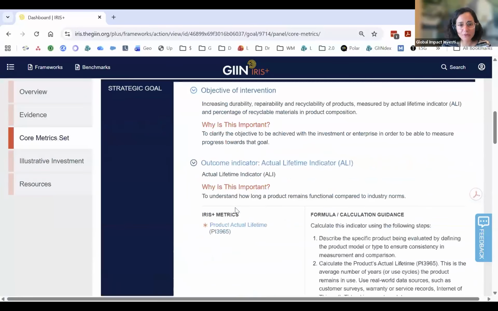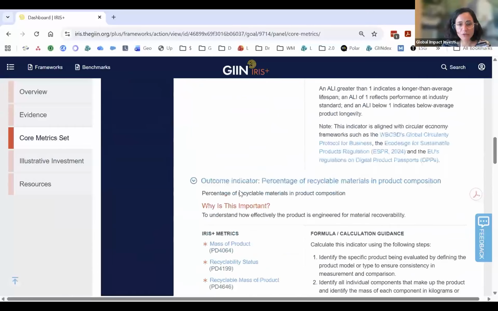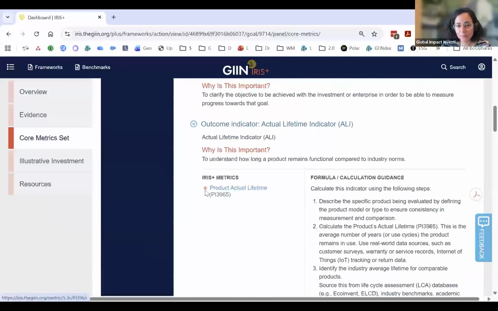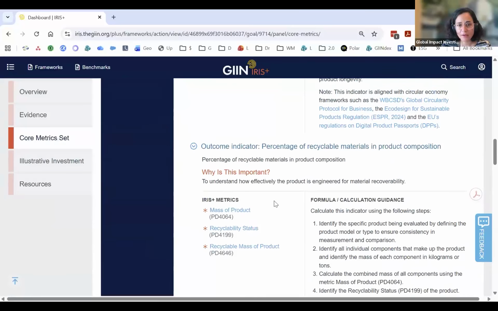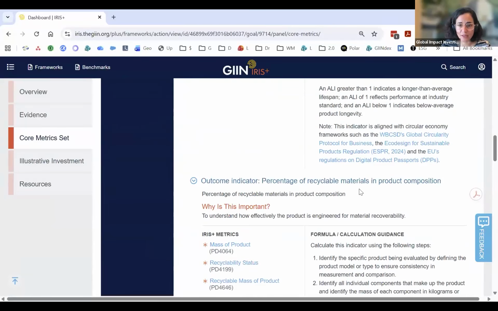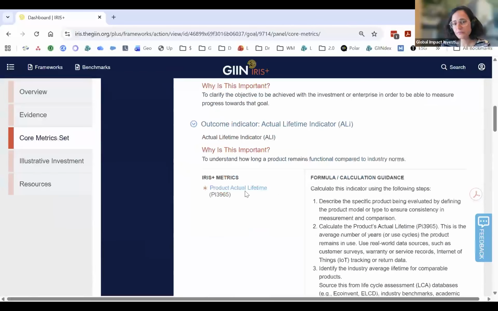And under the what dimension, you will see the two indicators that I showed you before, the product actual lifetime, and also the percentage of recyclable materials in product composition. So there are two areas that is important to keep in mind as you read through this material.